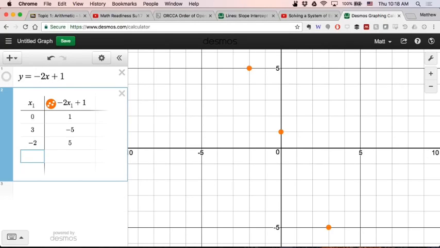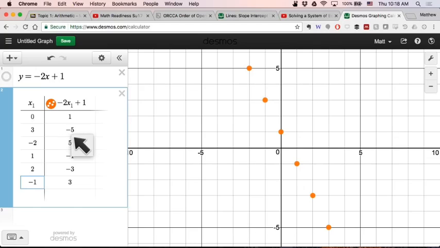So at least for this relationship, every different value of x that I choose is going to give me a different value for y. But the more of them that I choose, and then plot the corresponding ordered pairs on this coordinate chart, so for example, the point 3 comma negative 5, I plot here by going from the origin out 3 units in the x direction, horizontally, and then 5 units down in the y direction. There's the point 3, negative 5.